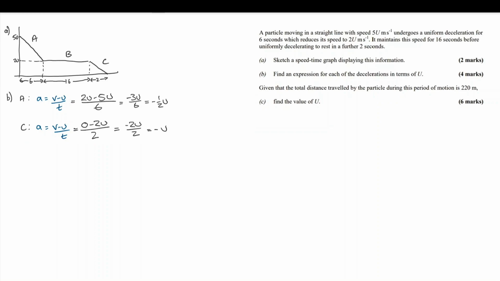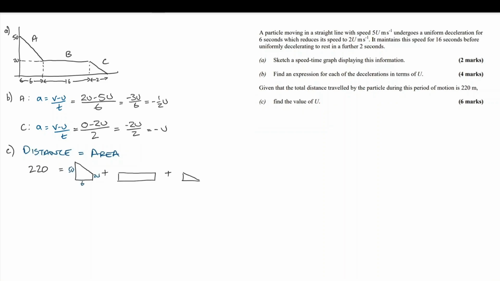Well, now that we know the total distance, we can use the fact that distance is going to equal area in a velocity-time graph, in a speed-time graph. So the distance traveled must equal the combined area of these shapes. The shapes we have are a trapezium, a rectangle, and a triangle.